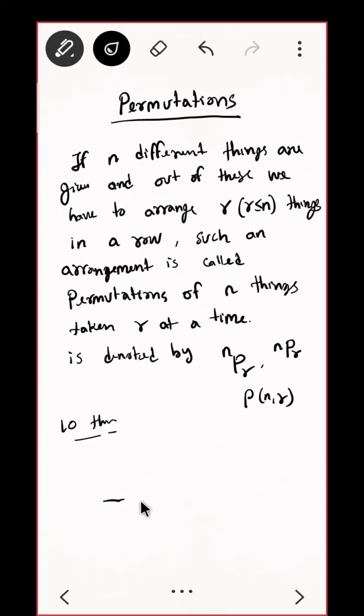That means I have 5 positions: 1, 2, 3, 4, 5. This is what 10P5 means. You can read it as: you are having 10 things and you want to find the permutation taking 5 at a time.